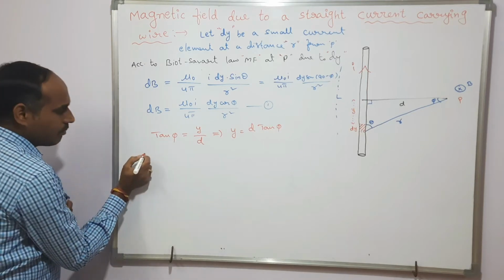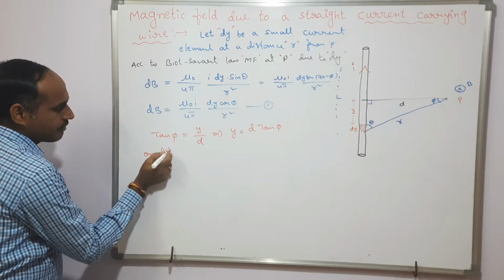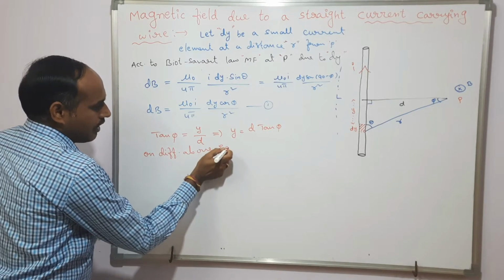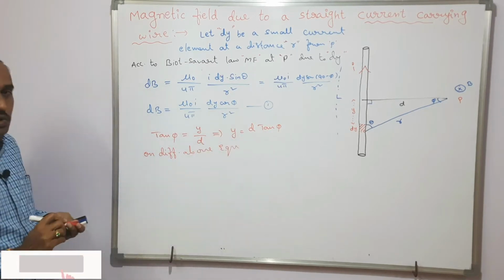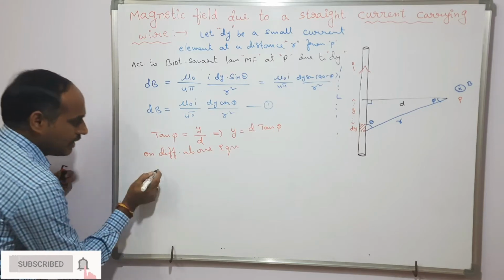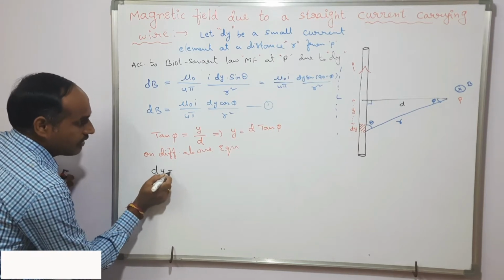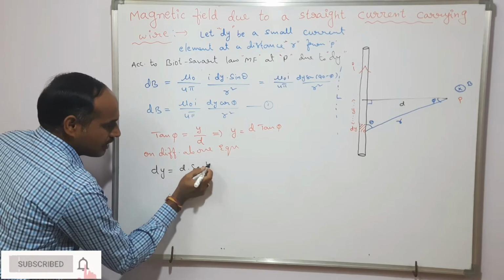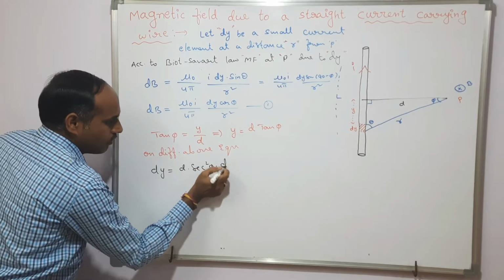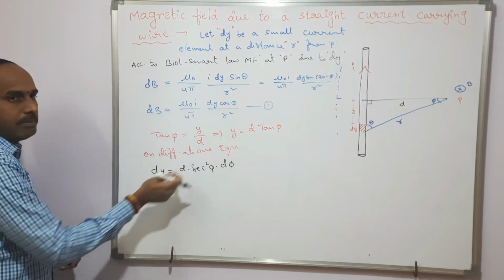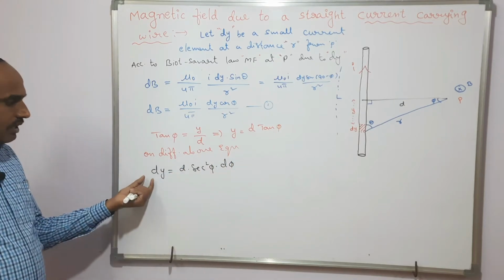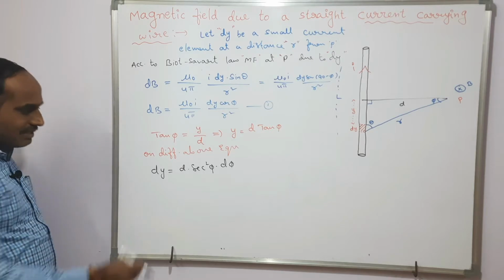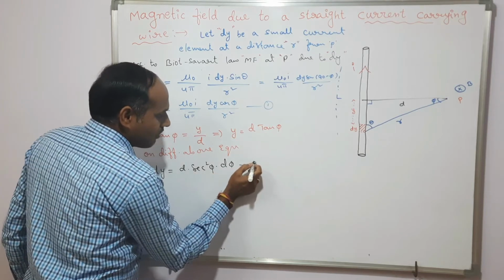On differentiating the above equation, we get dy equals d into the differentiation of tan phi, which is secant square phi, into d phi. Because dy by d phi, I am sending d phi to that side, I get dy equals d secant square phi d phi. Let this be equation 2.